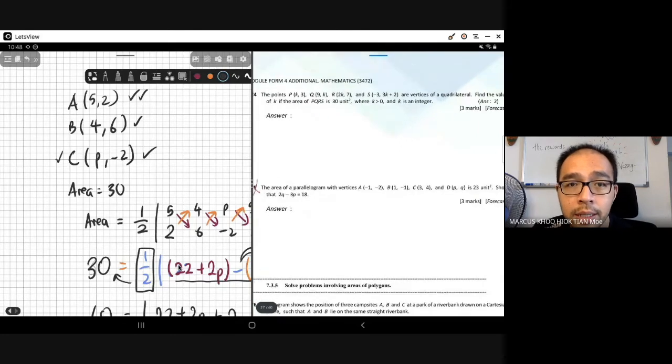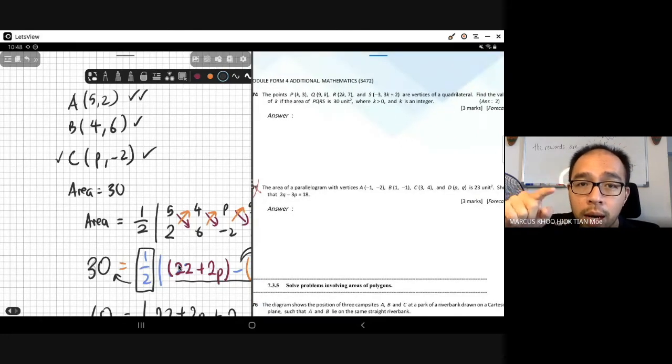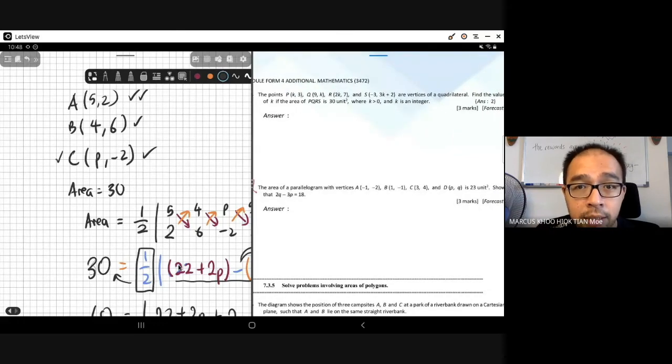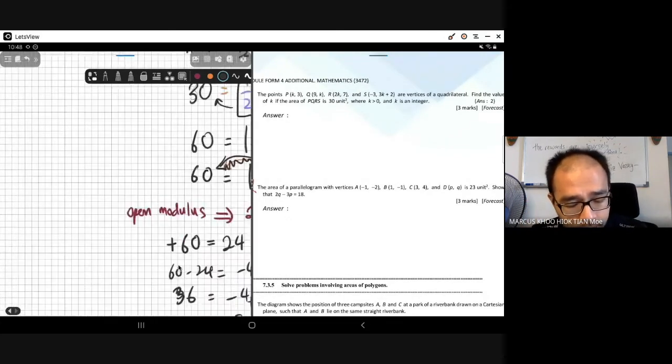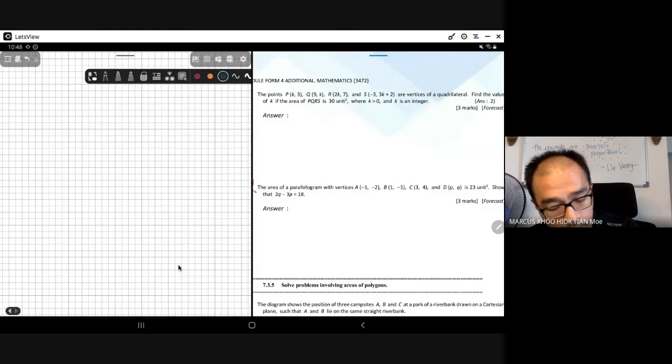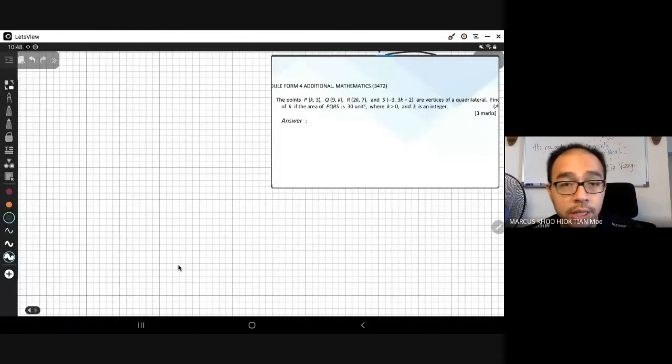Now it says that the points P, Q, R, and S are 4 vertices of a quadrilateral. Find the value of K if the area of PQRS is 30 units. Okay, same thing again. Let's not be so scared. Let's bring this together. We list down first everything that we know.